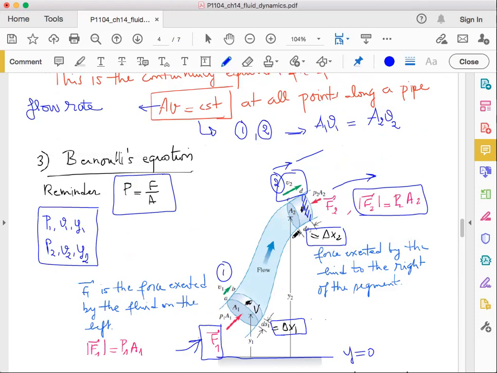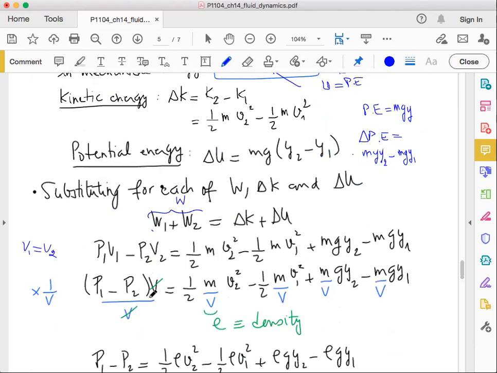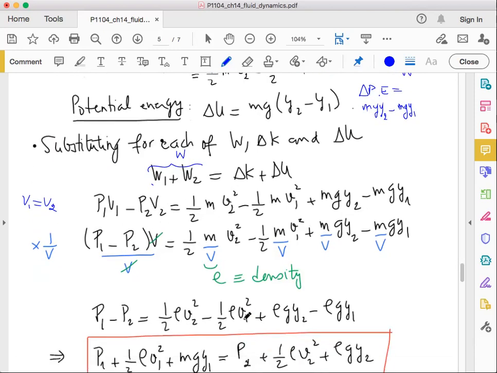Let's consider that the fluid is just water. So V is the same on both sides, and so this yields P1 minus P2 and V in factor, and the other terms remain. Now we want to get the pressure in the end. We want to see how this pressure changes with the speed and with the elevation. So let's get rid of this V. How do we get rid of it? We divide the whole equation by V. So we end up with P1 minus P2 equals half, and here we had to divide all the terms by V. And M over V is simply the density.